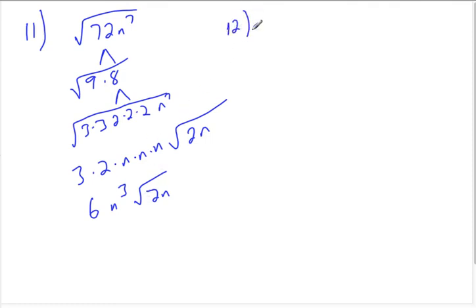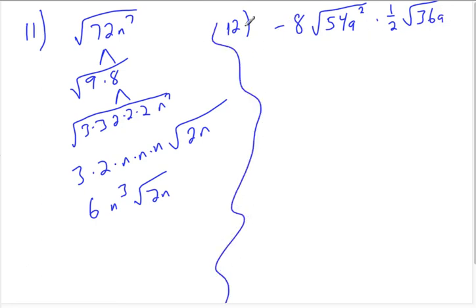All right, number 12. We have negative 8 times square root of 54a squared. Ooh, and there's more, times 1/2 square root 36a. Okay? Let me just kind of cut off that so we don't mix up the problems here. 54 is, I don't know, what's that, 27 and 2. 27 is 3 3s.